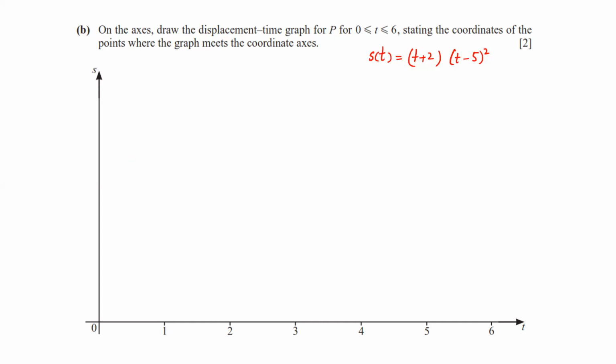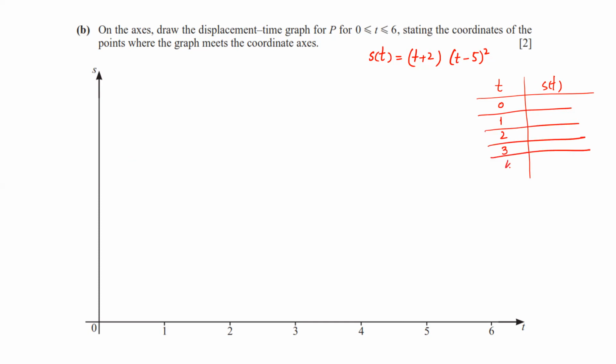The easiest way is to first make a table of time and the displacement value: 0, 1, 2, 3, 4, 5, 6. If I put 0, my displacement will be 50.